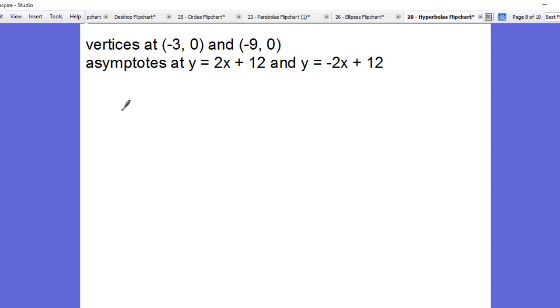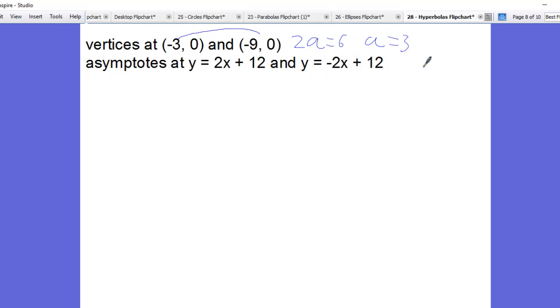The distance between the vertices is going to be 6. So if this distance is 6, from -3 to -9, that distance is 6, which means 2a is equal to 6. A is equal to 3. All right?